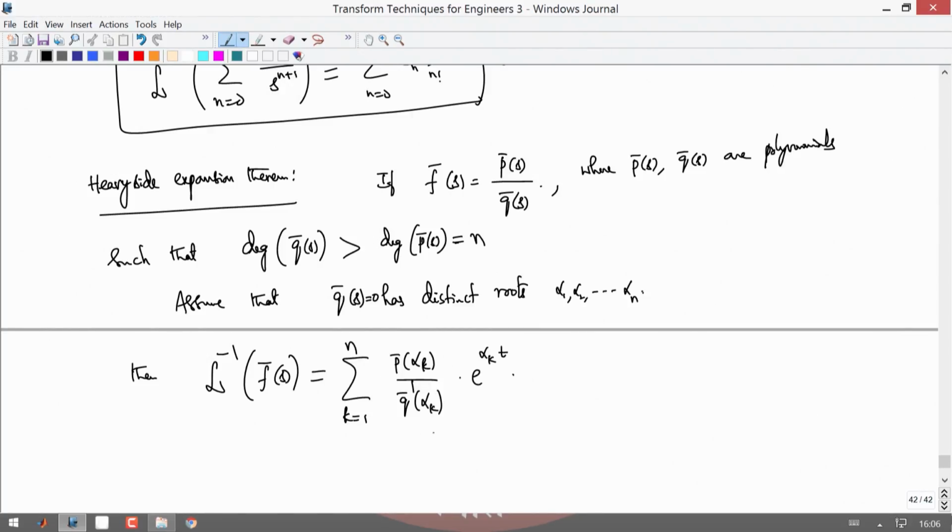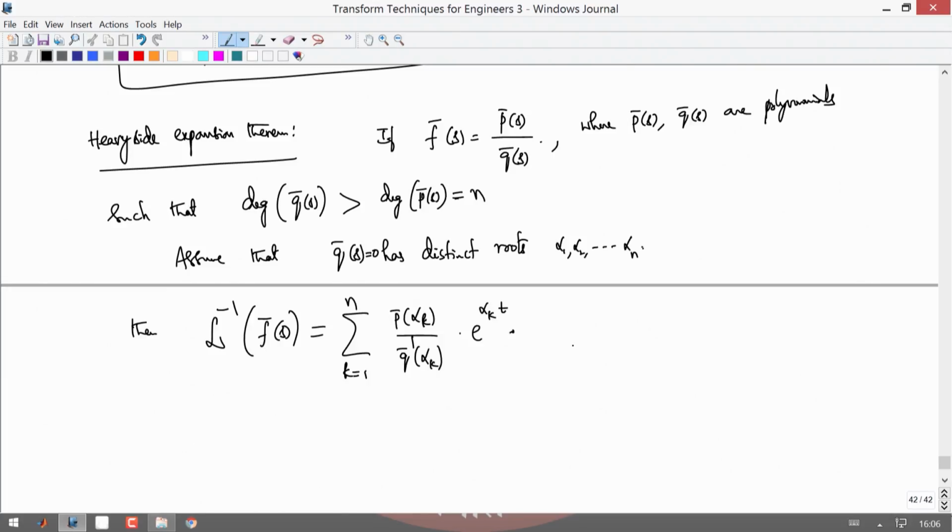The coefficient you can get directly by looking at the Laplace transform f bar of s. So you do not have to find the coefficients in the partial fractions and then see its inversion.